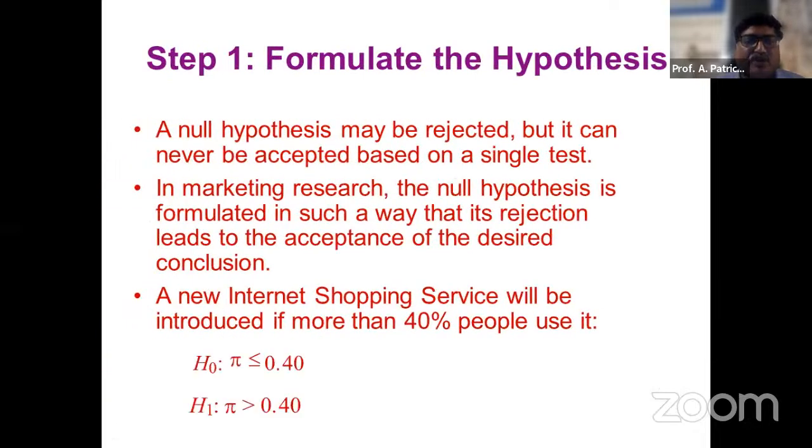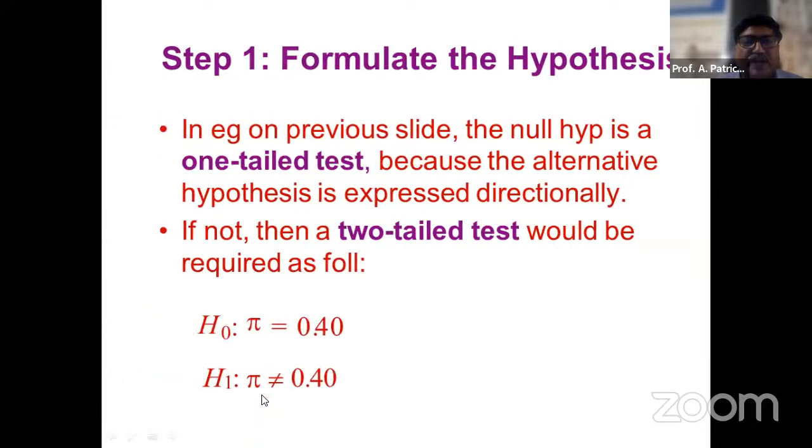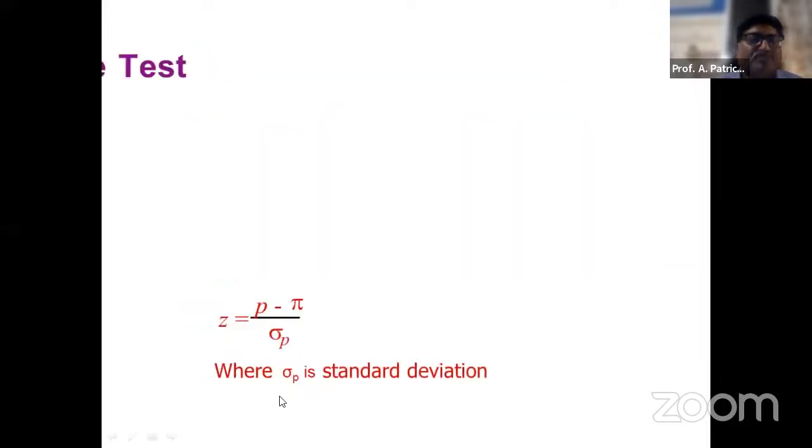Okay, so we're talking about the shopping habits of people. We say, say, more than 40%. The null says it is less than or equal to, and the alternate is greater than. So look at the keyword that is there, more. So we take that greater than symbol. Then we do the calculation. For a two-tailed test, we said it is equal to and not equal to.